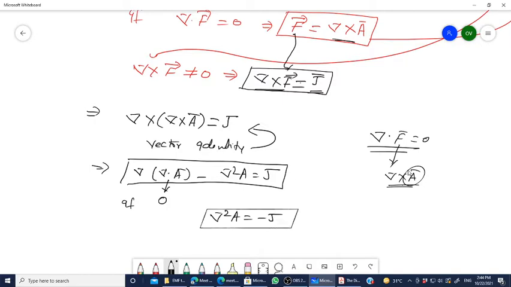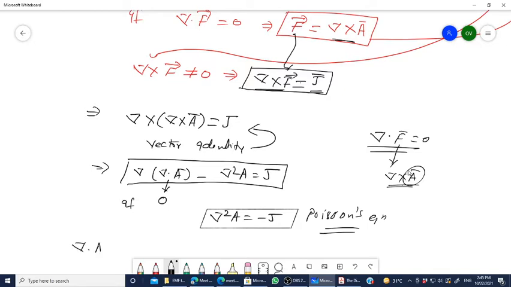What is this equation? This equation is known as, please, Poisson's equation. Yes, Poisson equation. And when will this happen?